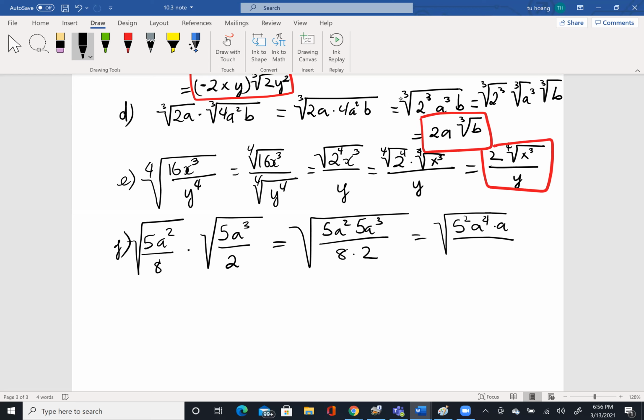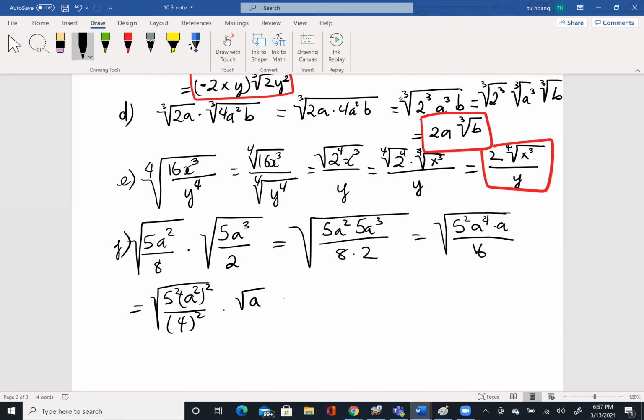So it's a to the 4, and then 8 times 2 is going to be 16, or 4 squared. And now I would like to factor it out, and I have the square root of 5 squared a squared squared divided by 4 squared. You see that? And I'm going to multiply by the square root of a.